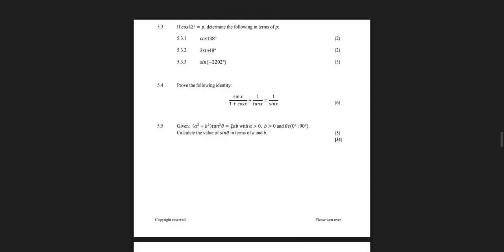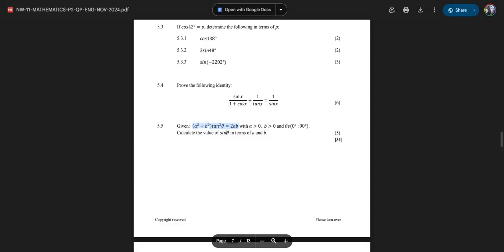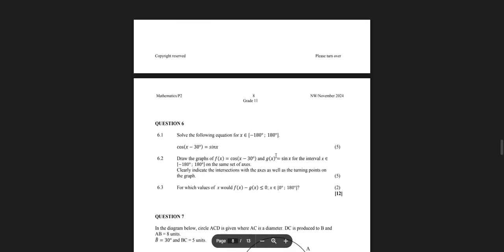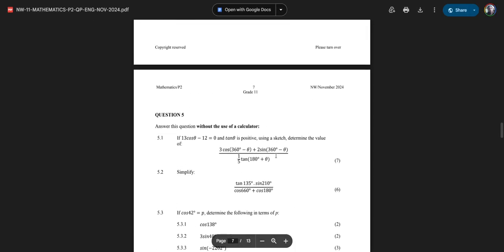And then lastly, on trig, is this a trig equation? I think it is. Yes, it says sine is equal to a. Yeah, that is a trig equation. And lastly, you're gonna get a trig equation which you need to solve. And yeah, that kind of concludes the general trig part.